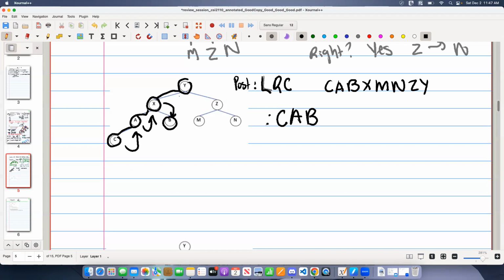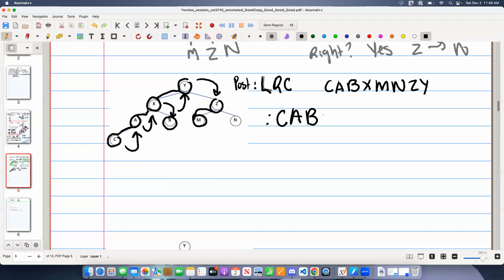Hamdi, you're looking really smart right now. Now we go back up. We have Y. Is there a right node to Y? Yes. We go here. Is there a left node to Z? Yes. Is there a left node to M? No. Is there a right node to M?